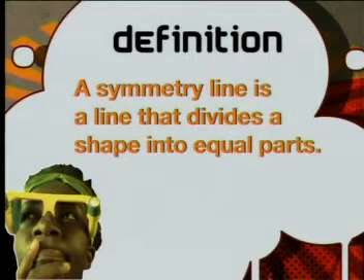As before, the first thing we will try to do is to find all the possible lines of symmetry in the equilateral triangle. Do you remember what the line of symmetry is? Symmetry. The symmetry line divides a shape into equal parts. Let's see what we mean by this.